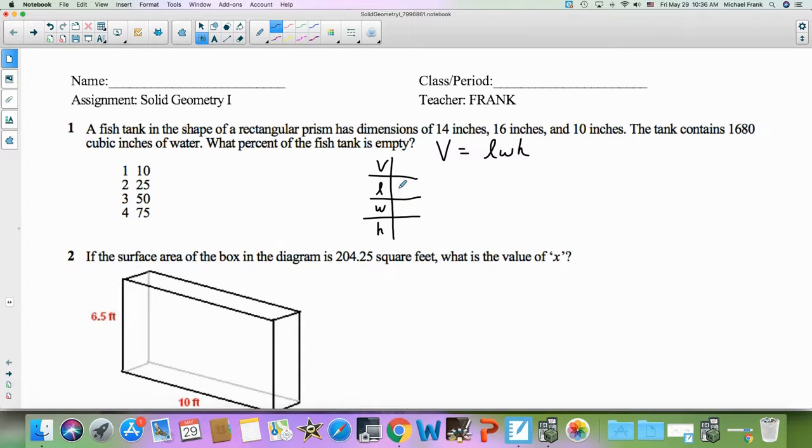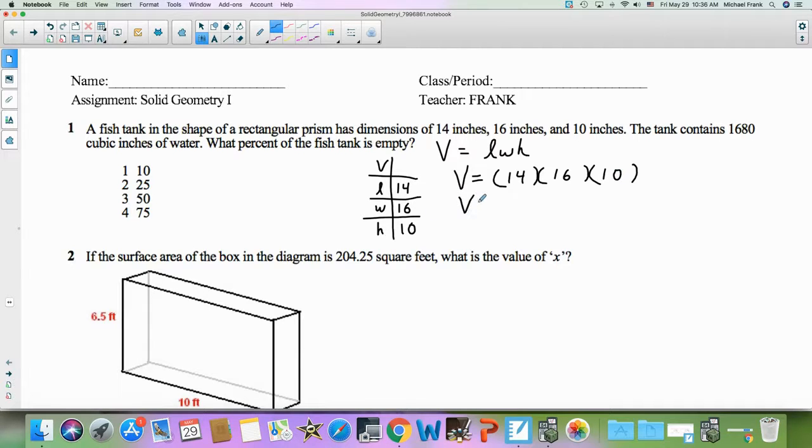And here it actually doesn't matter where we put these in because we're just going to multiply them, and our volume is just the product of all of the dimensions. They're all in inches, so there's no issue right there.